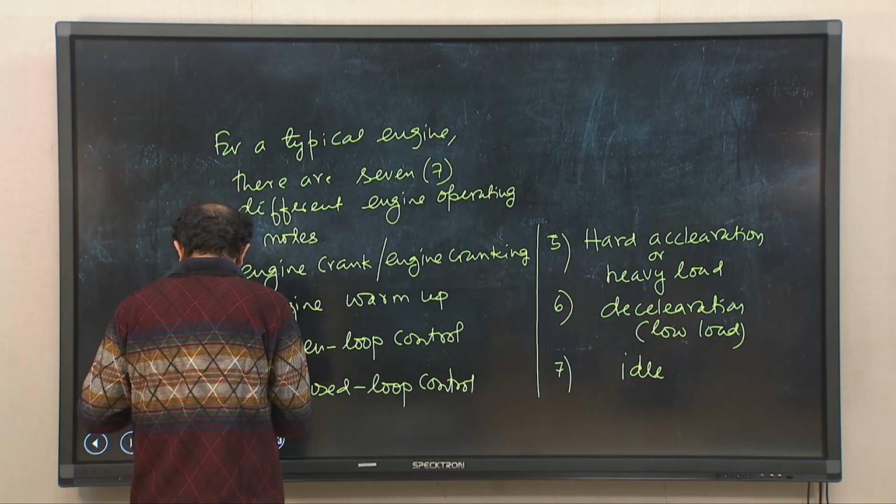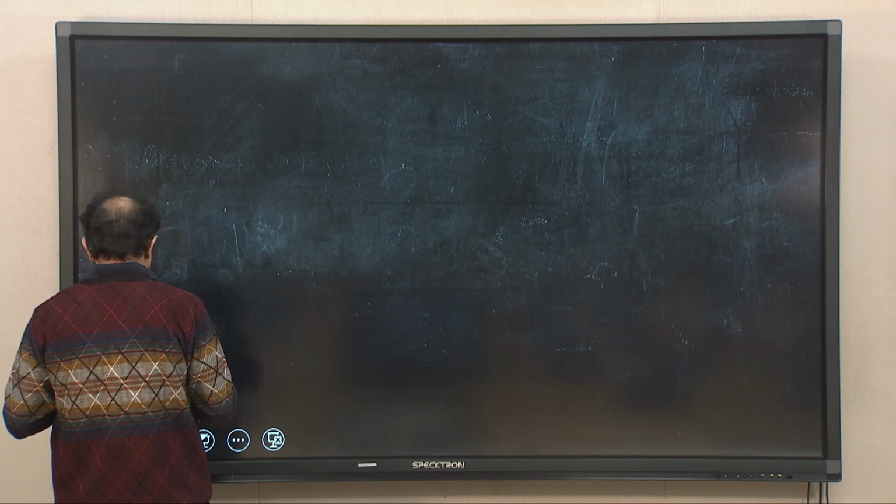So, let us now take an example. If we go to the next slide, I will be writing one line, and it will help you understand the program for mode control logic.